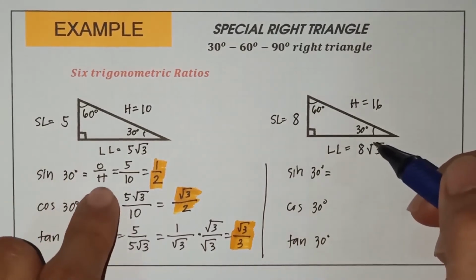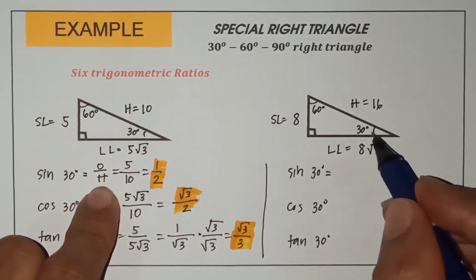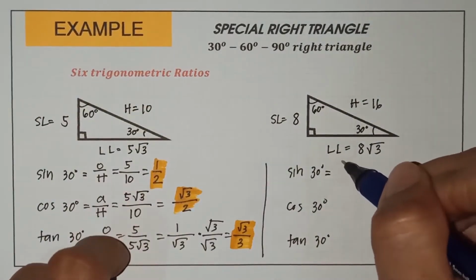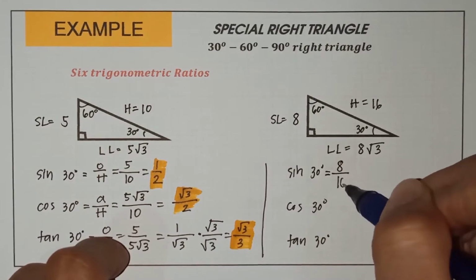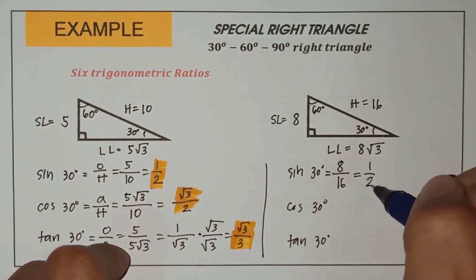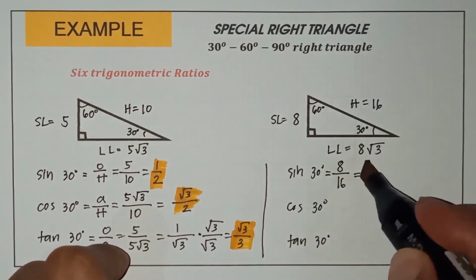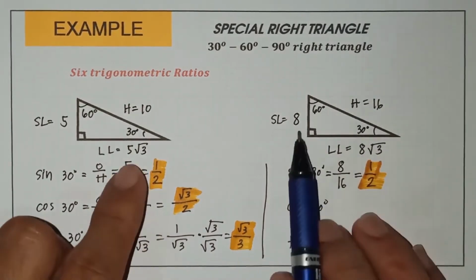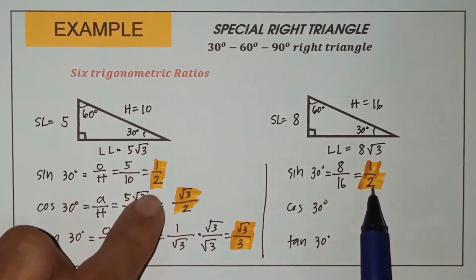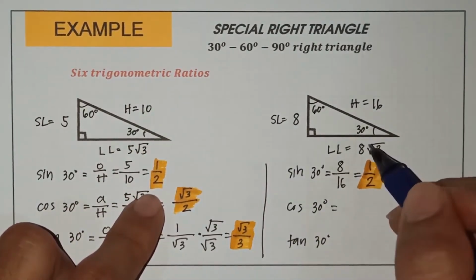This is opposite over hypotenuse. In sine 30, the opposite is 8. We will be using that opposite. 8 over the hypotenuse, which is 16. And the result is 1/2. As you can see, we have different values of length, but we get the same ratio under 30 degrees.